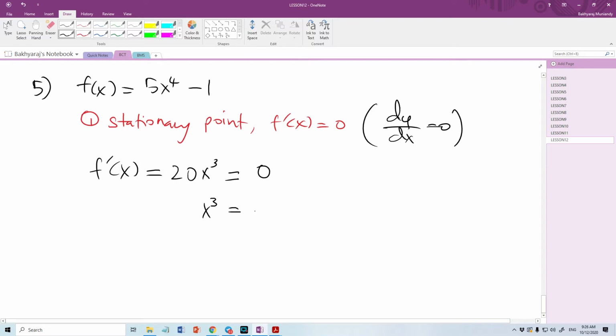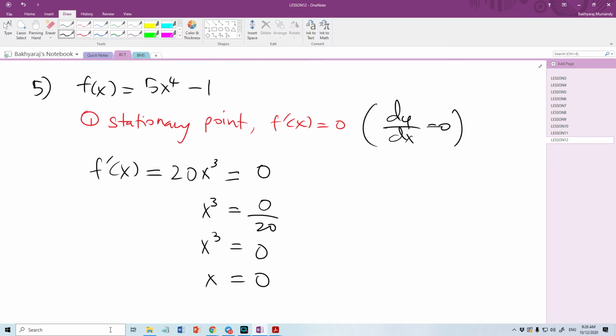So x divided by 20 is 0, right? So kalau kita buat punca to 0, obviously it will be 0 lah. So the answer is actually equals to 0.